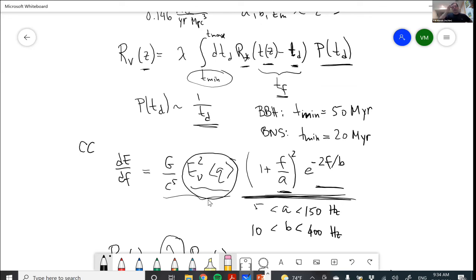I believe it was Alessandro Buonanno's paper that was the first to make that argument that this asymmetry would then result in the gravitational wave production times some scaling factors. So that's where this comes from.